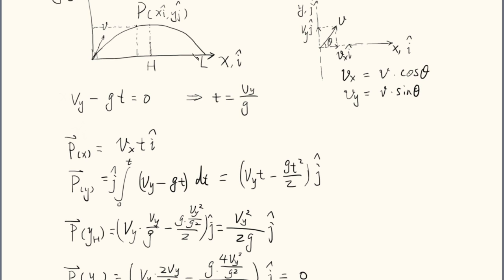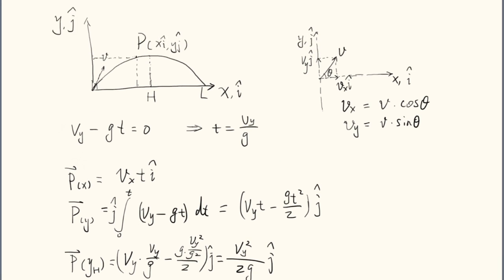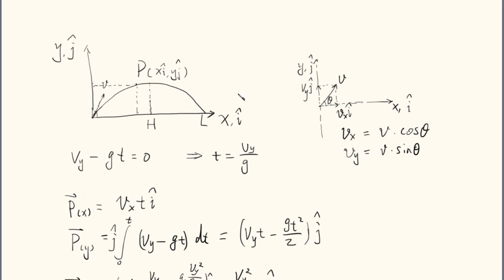So when the object falls on the ground, the time will be 2 Vy over g, and we put 2 Vy over g into this function. Well, we will get 0. The position on the vertical direction will be 0, and that is obvious by looking at this diagram.